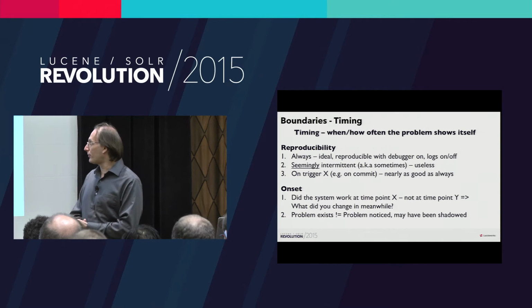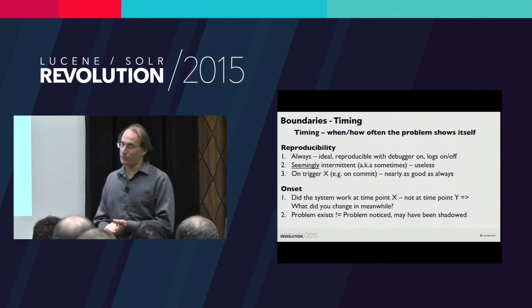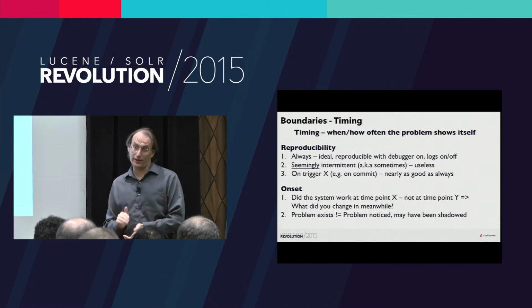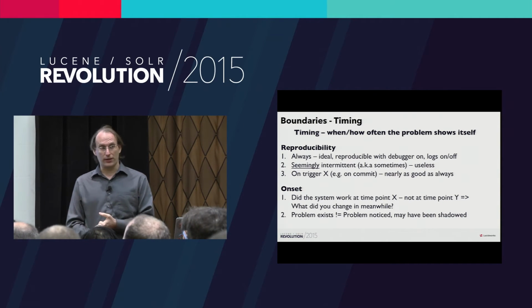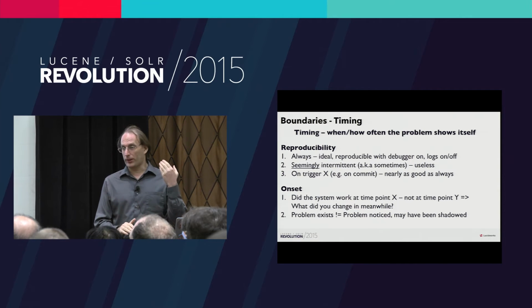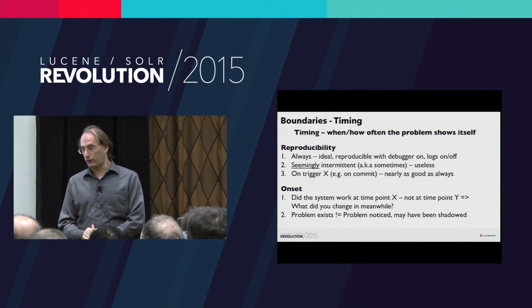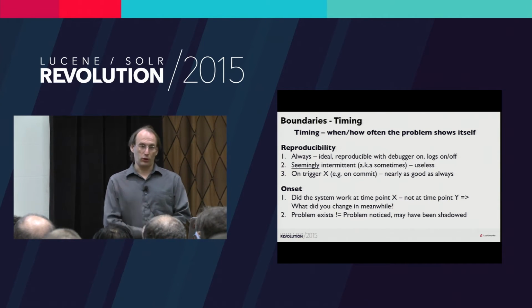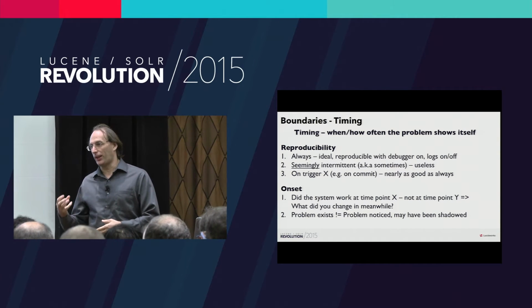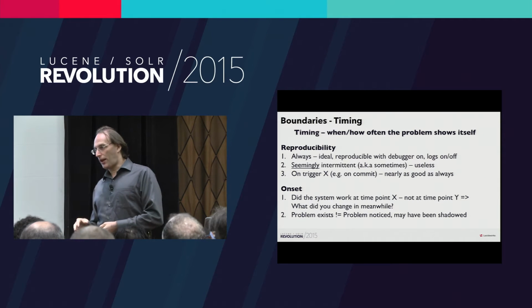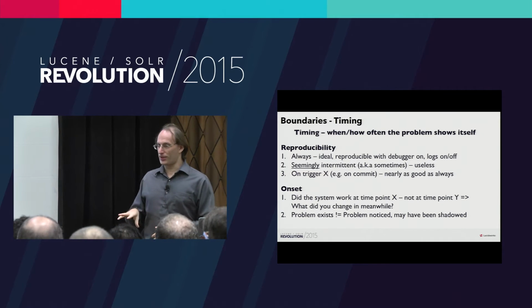So what you're trying to do is get from seemingly intermittent to this next one, which is on trigger X, for example, such as on commit, on a document larger than 100K, on a document that's missing a value for a particular field, on a document that has an ID that's already present in a database, on update, something, right? Once you have that trigger, it's nearly as good as always.